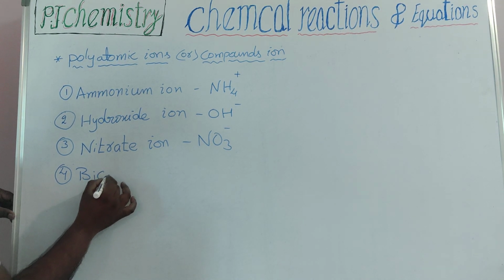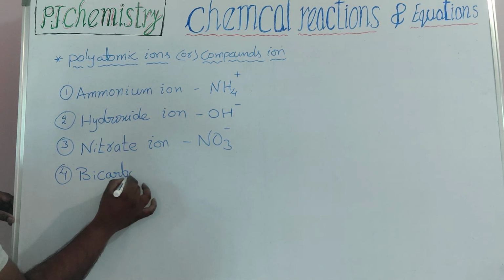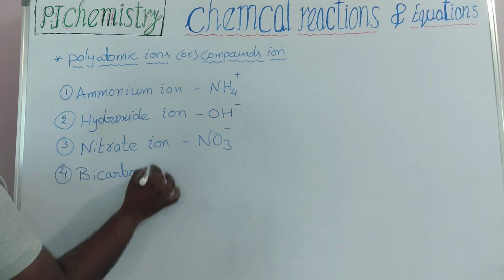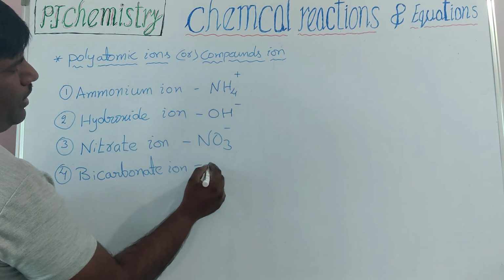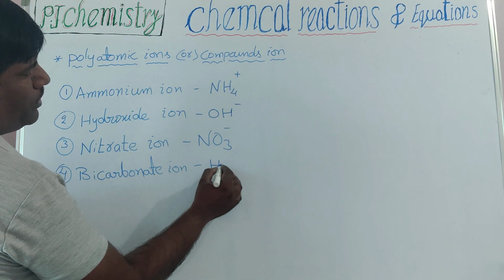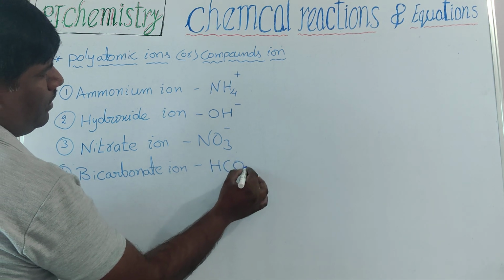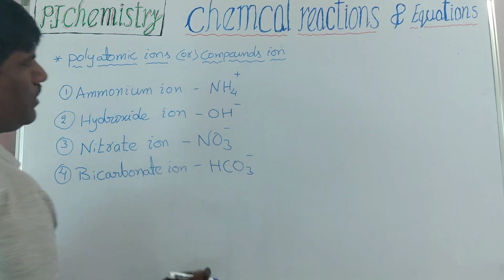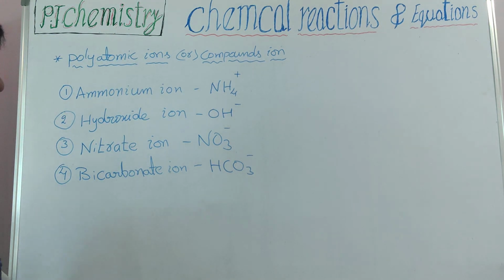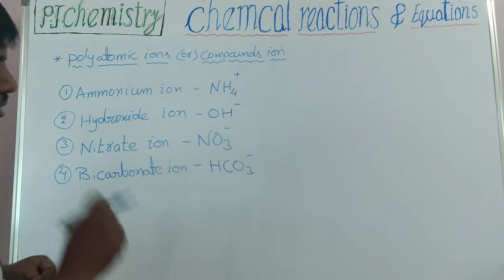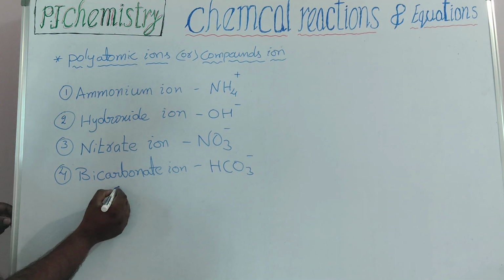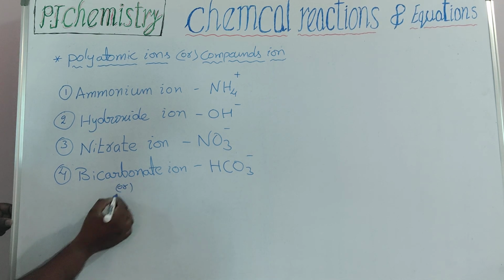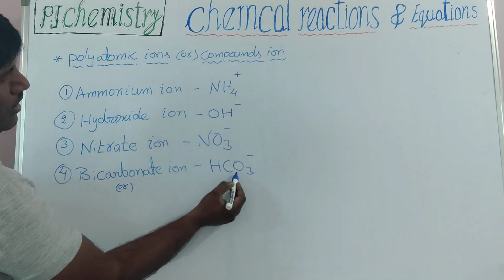Bicarbonate ion, HCO3 minus. Minus means minus 1, plus means plus 1. Okay. If no number is mentioned, we should consider 1. Bicarbonate ion, another name they give is hydrogen carbonate.